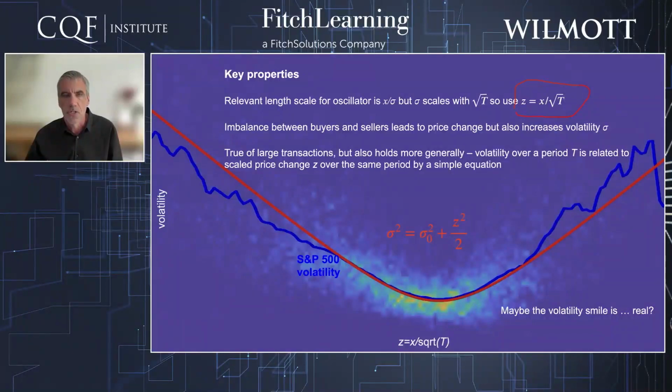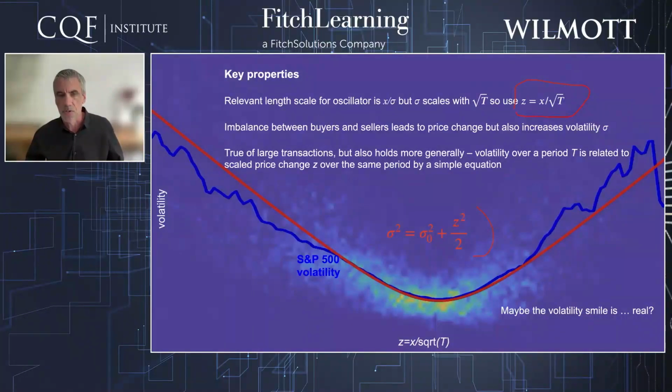So this is true of large transactions. For example, if you have a large purchase, it will increase the price, but it will also boost the volatility. More generally, the volatility over a period t is related to the scale price change z over the same period by a simple equation. So you can check this for yourself. You just take something like index data, which is the best.